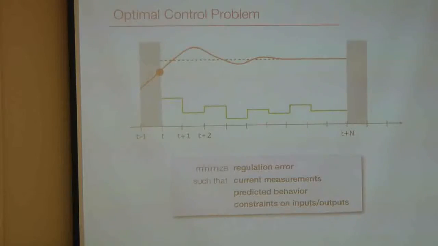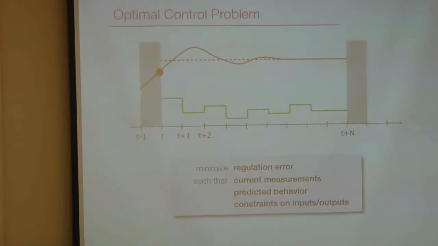Another example of using optimization with inequality constraints is optimal control. Basically, we are using the model of the plant to optimize its behavior. We would like, of course, to minimize the regulation error, which is the difference between the set point in the dash and the actual output of the plant. And we have the current measurements available.